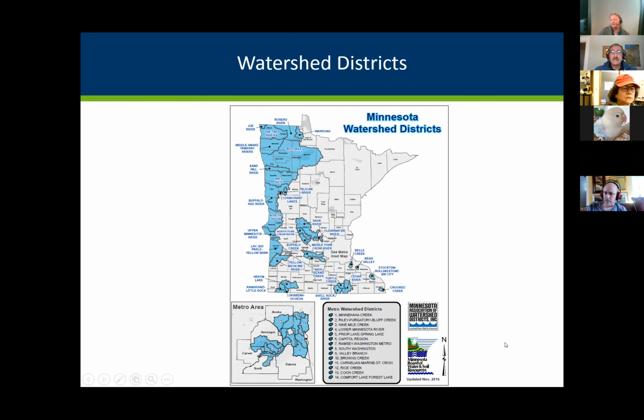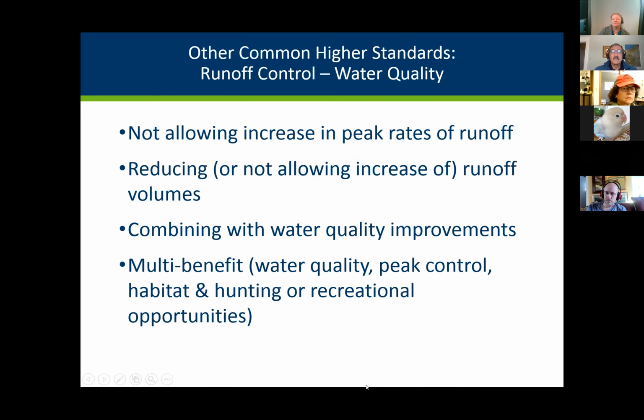And especially in the Red River Valley and in the metro area, they're very strong. Some of the common things you especially see at the watershed level are regulations not allowing increases in the peaks of the runoff or reducing the volumes coming off the sites, water quality improvements, all kinds of things.